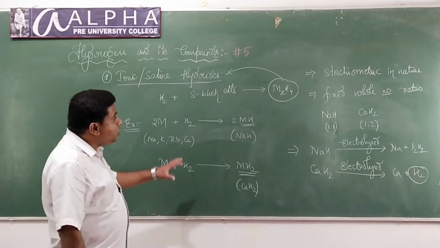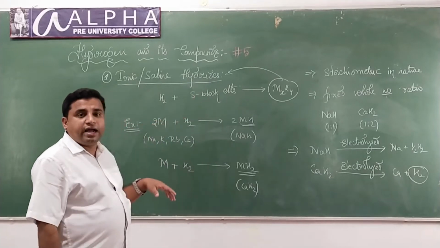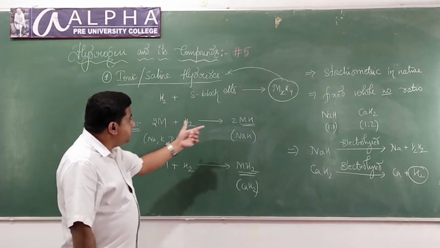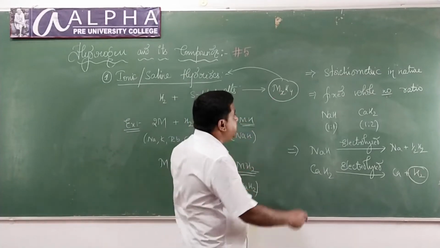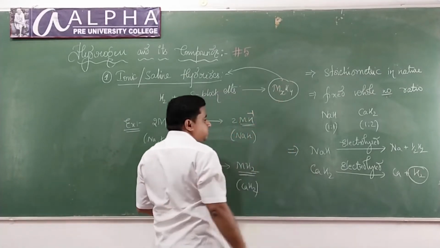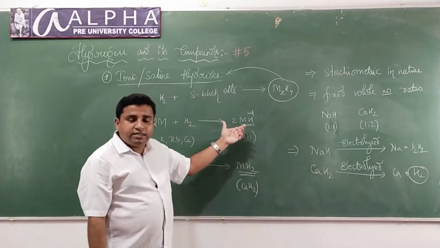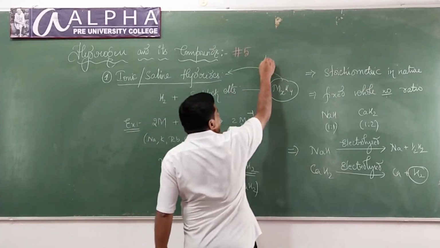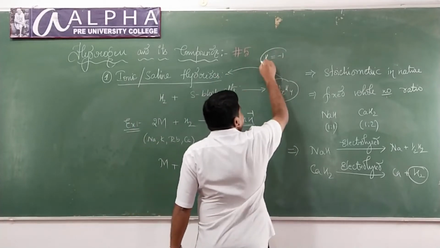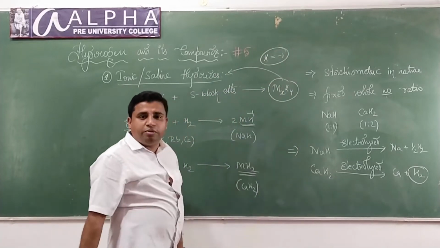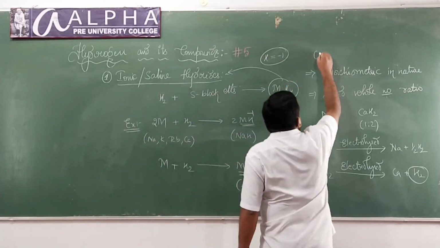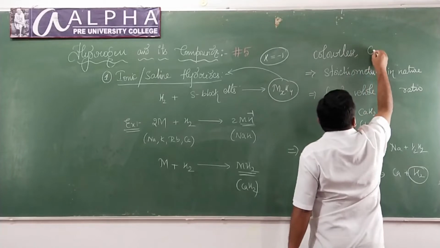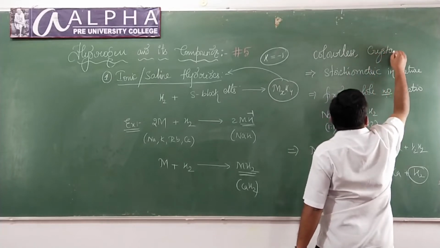In all these ionic or saline hydrides, the oxidation state of hydrogen is going to be -1. They are all colorless, and they are crystalline in nature.